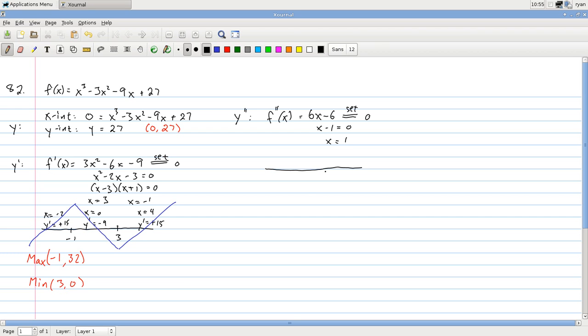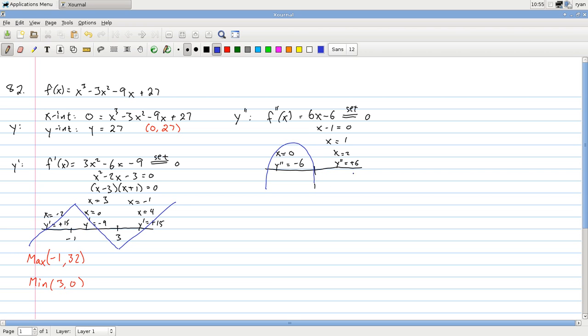So what we'll do from here is set up another interval. X equals 1 is the only critical number, so to speak, on here. So we'll choose some test points on either side. I'll take x equals 0 and x equals 2. If we plug x equals 0 in here, we get that our second derivative is negative 6. If we plug x equals 2, we get that the second derivative is positive 6. So if the second derivative is negative, that tells us the function is concave down in this interval.